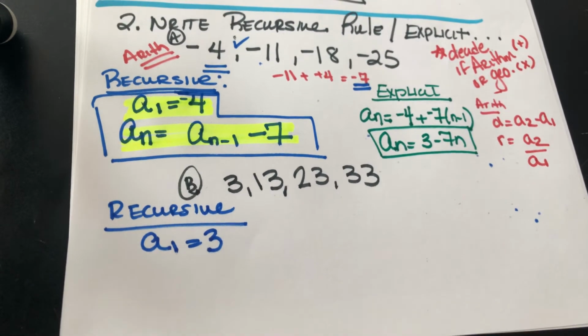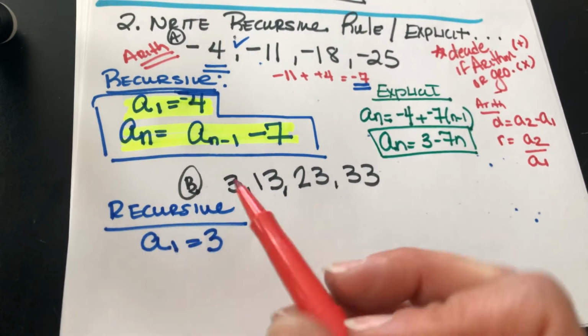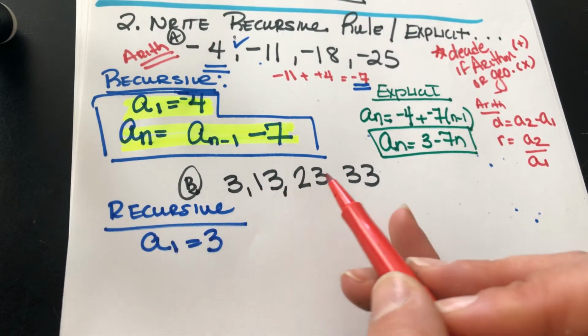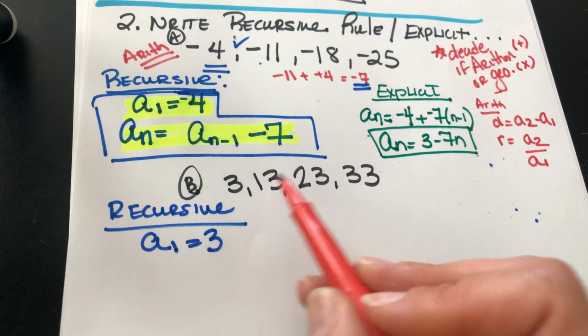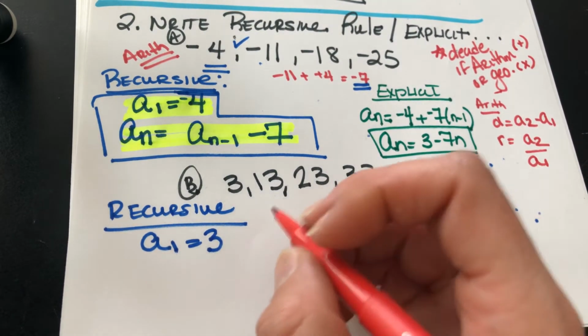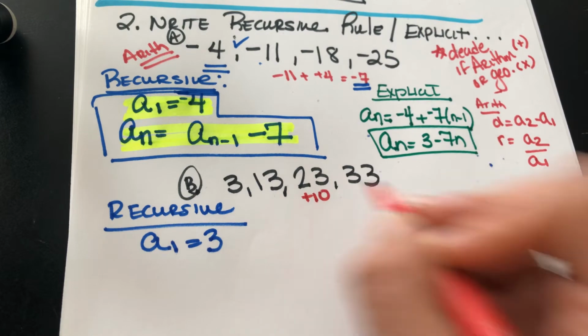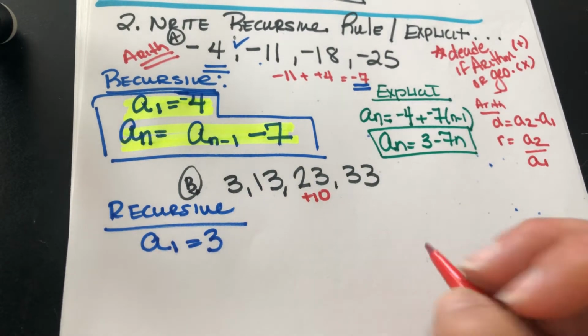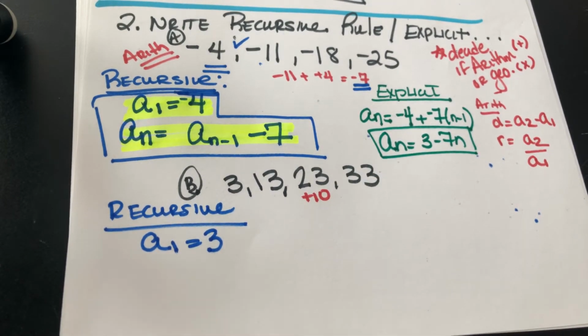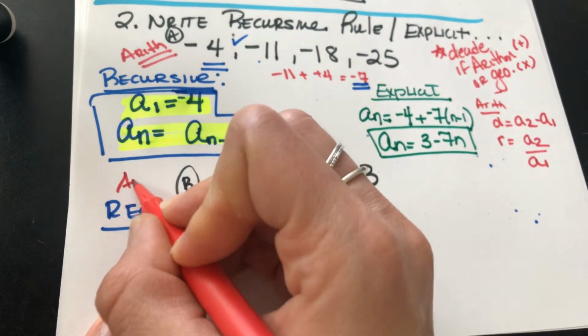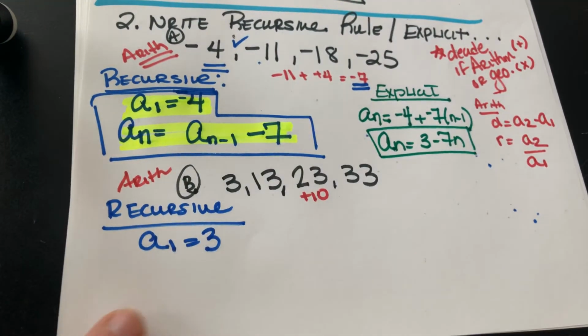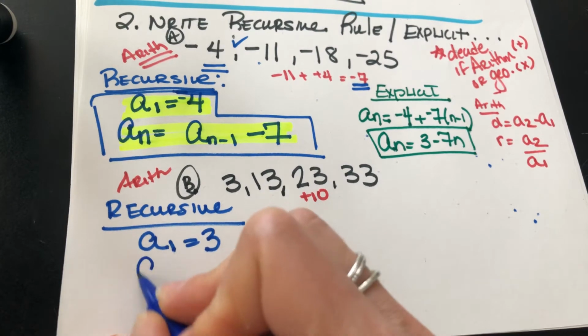All right, well, starting recursive right away, I know my first term is 3. All right, first we want to figure out arithmetic or geometric. Well, think about this logically. Nothing I can multiply will get me there. But how can you get from each term to the next? Add 10. Great job. So that's your common difference. So you guys know, let's mark this down. It's arithmetic. Then here we go. Your rule.